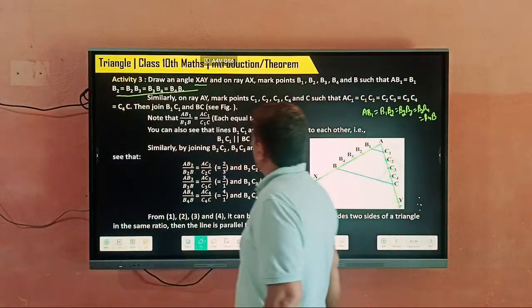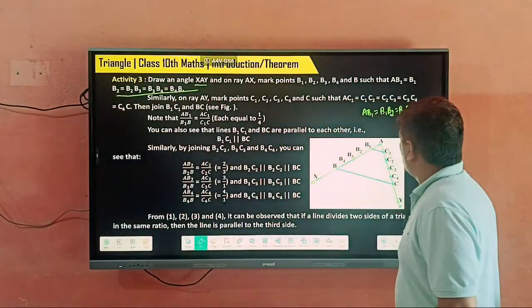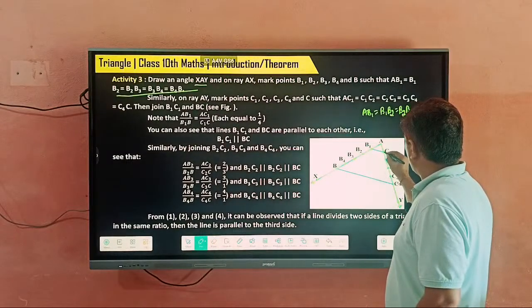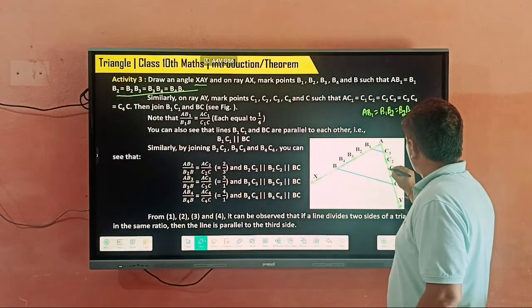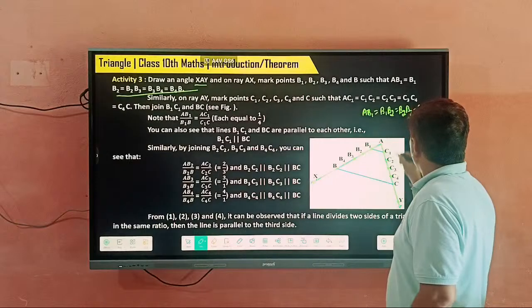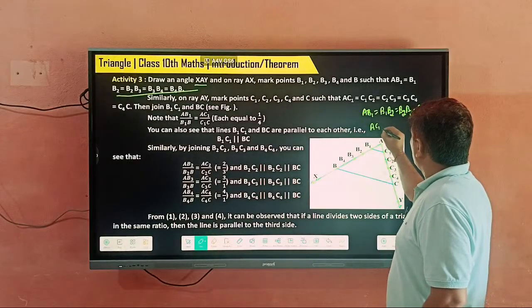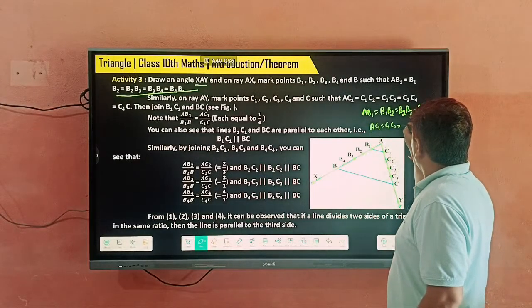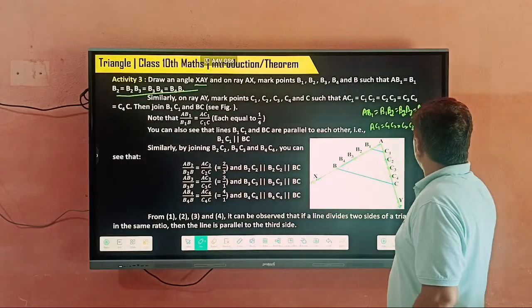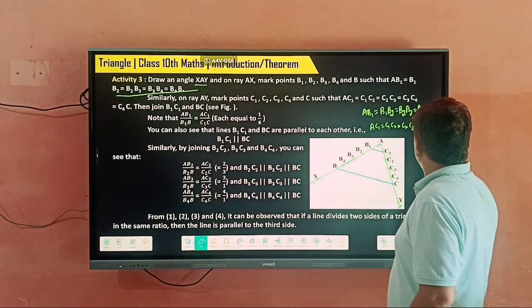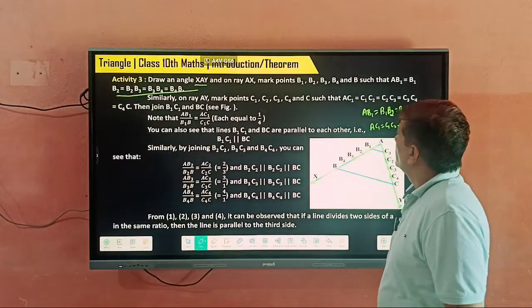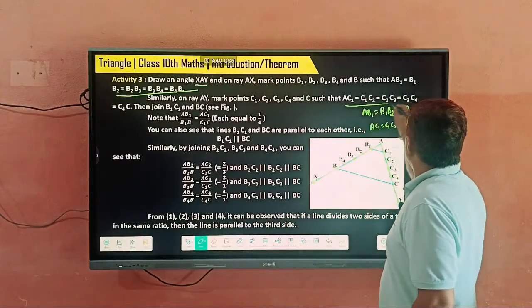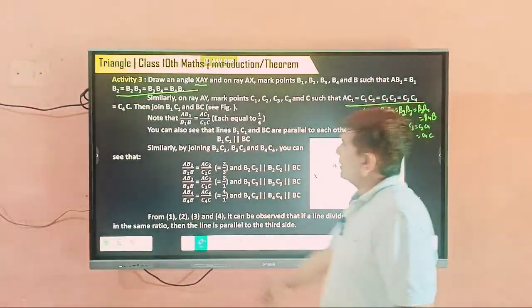Similarly, on ray AY mark points C1, C2, C3, C4, C, such that AC1 equals C1C2 equals C2C3 equals C3C4 equals C4C, which is written here, like this.